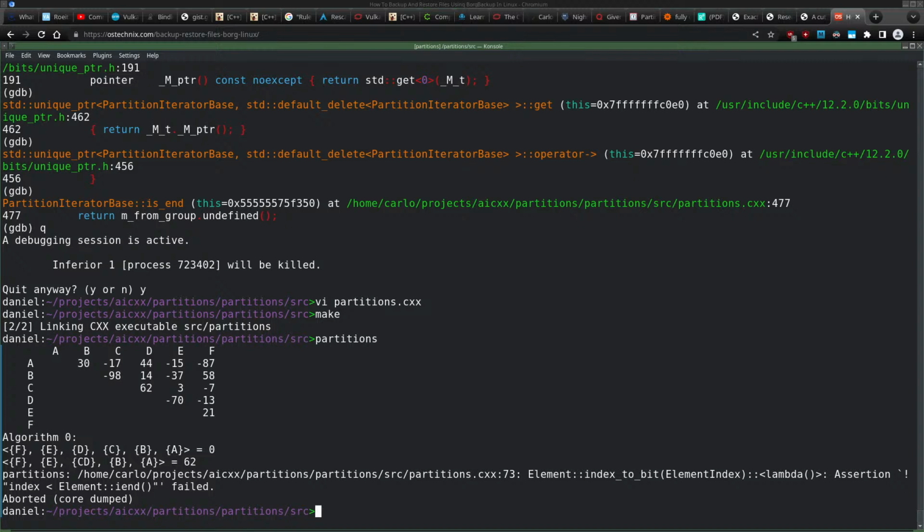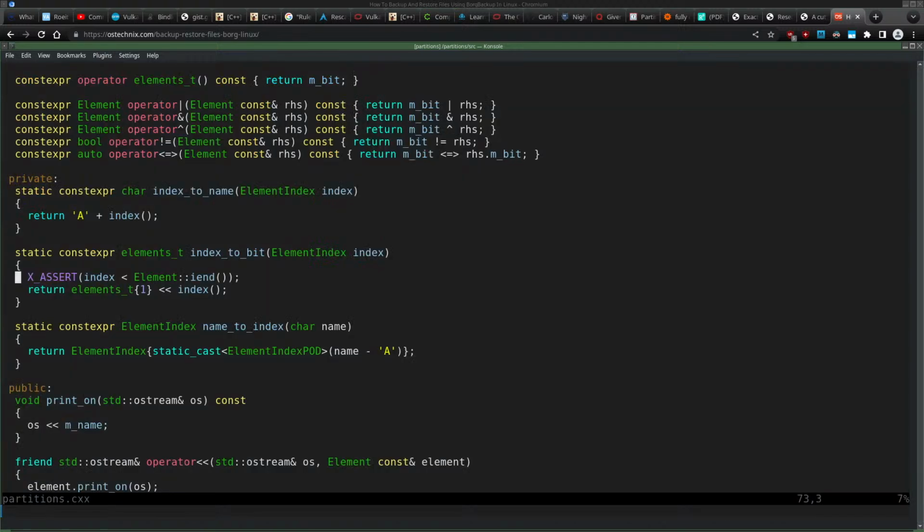How disappointing. It did move now C into D and then crashed. Hopefully it's a different bug. Using less than together with and is suspicious. Very suspicious.